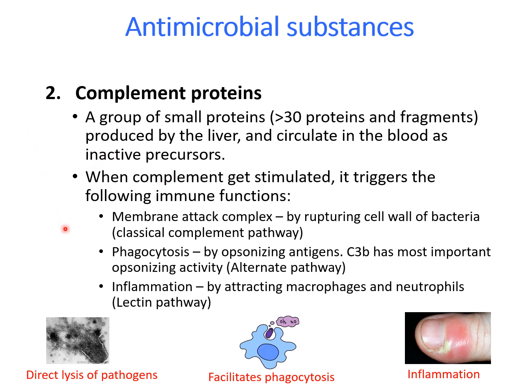First, formation of the membrane attack complex, which causes the rupturing of the cell wall of bacteria. Second, enhanced phagocytosis by opsonization. C3b complement protein has the most important opsonizing activity. Third, it causes inflammation by attracting macrophages and neutrophils.